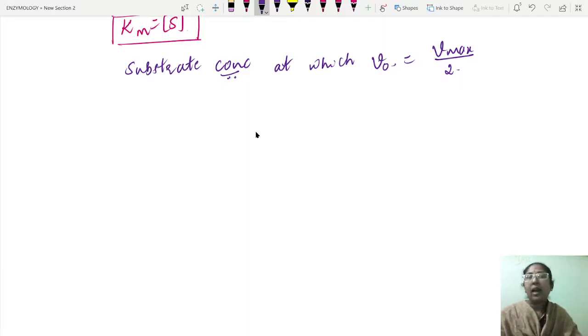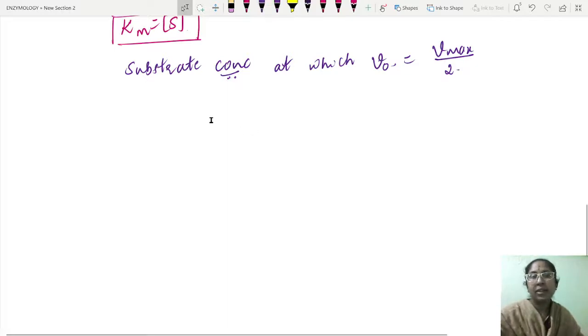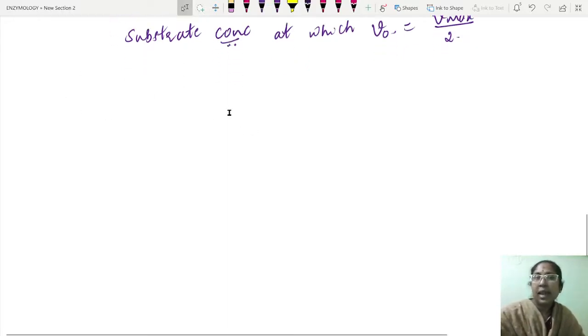So I'm repeating, how do you define the Michaelis-Menten constant? This Michaelis-Menten constant is defined as the substrate concentration at which the initial velocity of any enzyme catalyzed reaction is equal to half of the maximal velocity. This is the second condition, and in this condition we have the meaning of the Km, or this is how we can experimentally calculate the Km value.